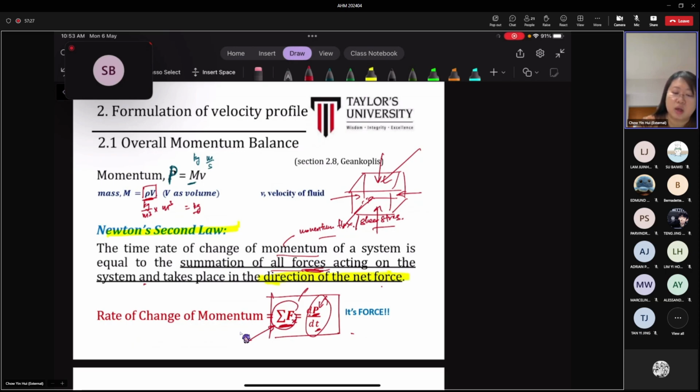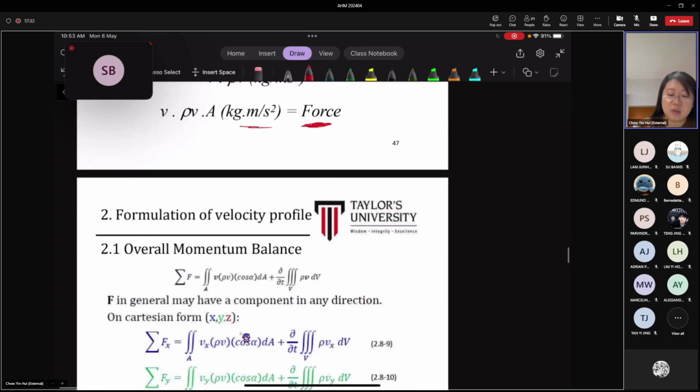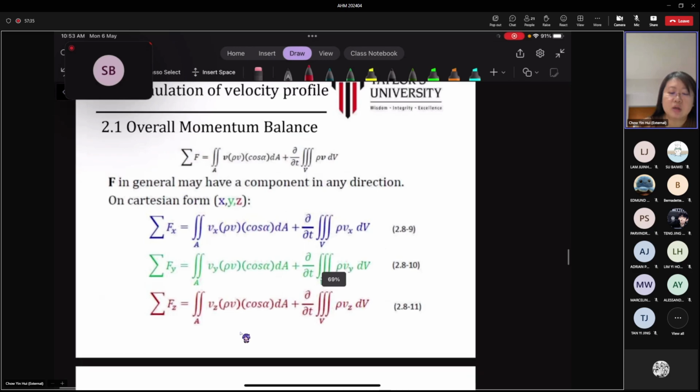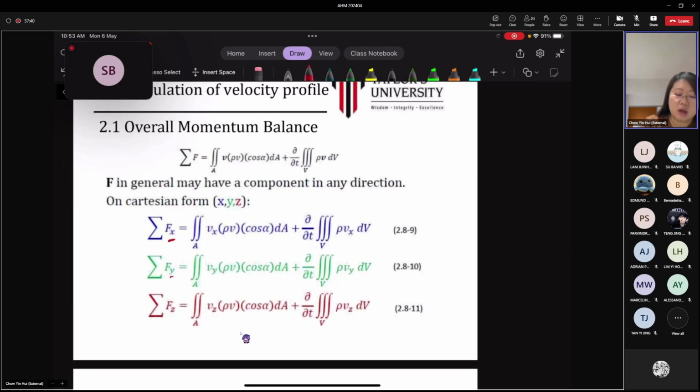So if we investigate the momentum according to the direction, you see that the sum of forces also denotes the direction of the flow. If the flow is in the x direction, let's say in Cartesian coordinates, you can see the vector velocity is expressed in the x direction, or in the y direction for sum of forces in the y direction, and for sum of forces in the z direction. All right. So this is the overall momentum balance equation.